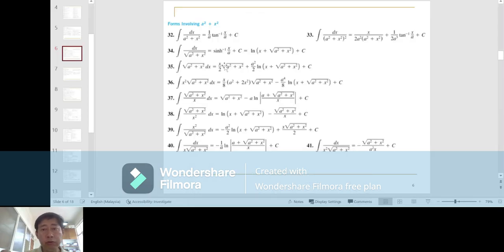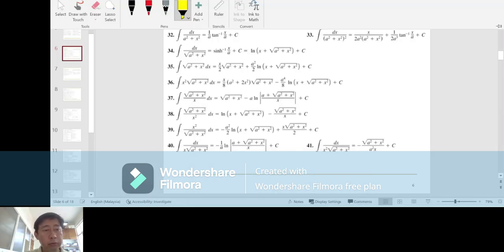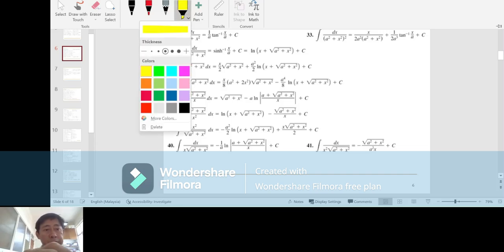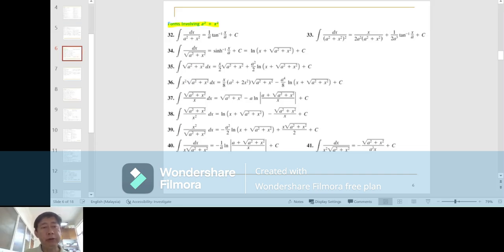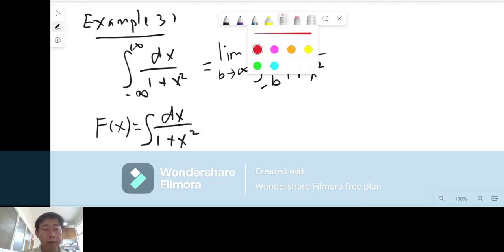In the part of the integration table that involves the function a squared plus x squared, you find these results. That is, the integration of 1 over a squared plus x squared is simply in the form of an arctangent. In our case here, we have 1 instead of a squared. So the answer for this is quite straightforward.